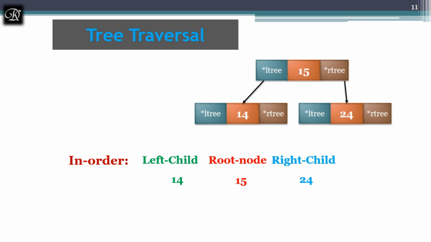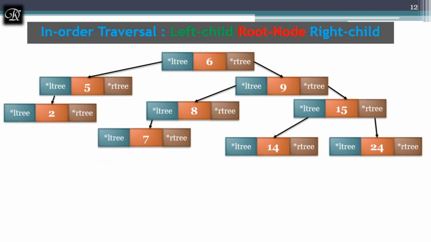This is the beauty of in order traversal. And how to check whether the tree constructed by you is a right one or not? By traversing a tree in order, if the values you get are in increasing order, then your tree is properly constructed by following the binary search tree rules.